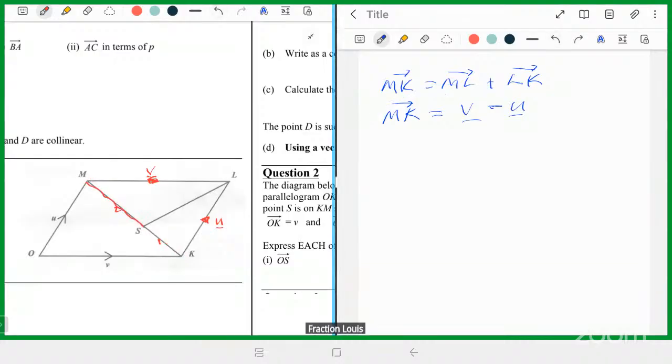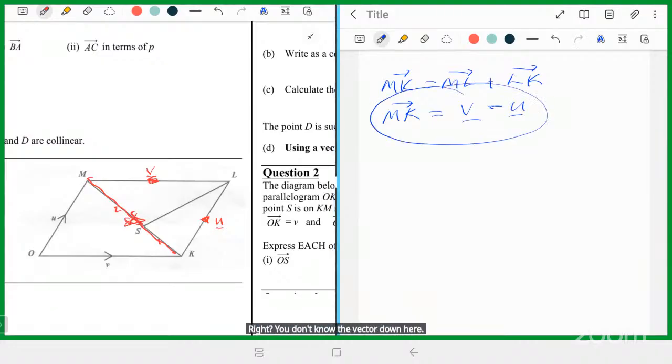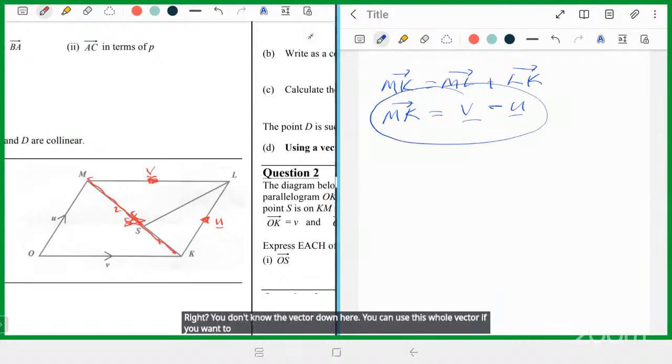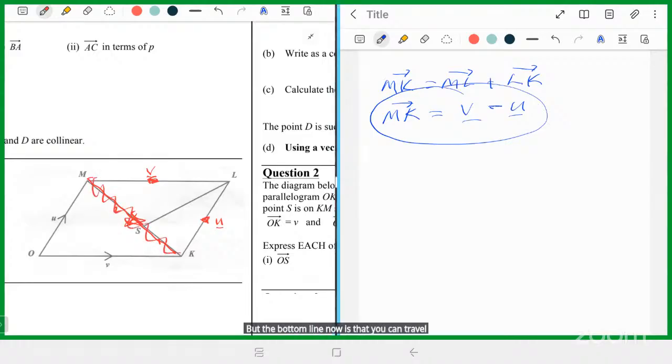For example, you can go M to S using 2/3 of the MK, or you can travel S to K using 1/3 of the MK. It's almost like you know this road. You know the vector down here. You can use this whole vector if you want to go the whole way, or a fraction of it. But the bottom line now is that you can travel along this side using this vector. Think of it that way.